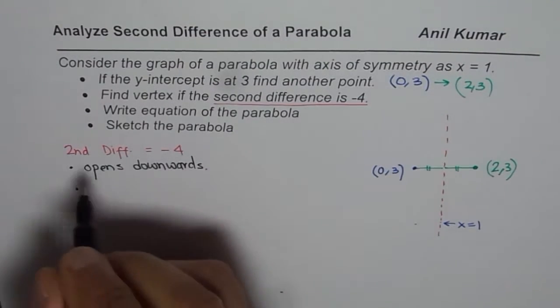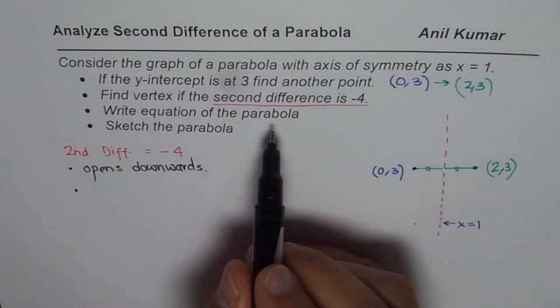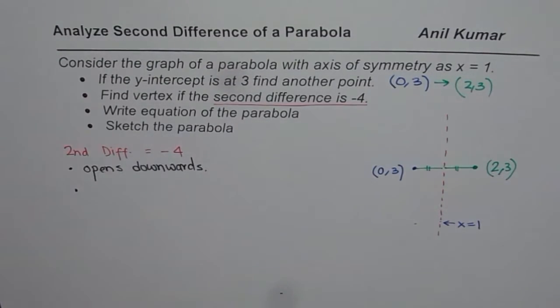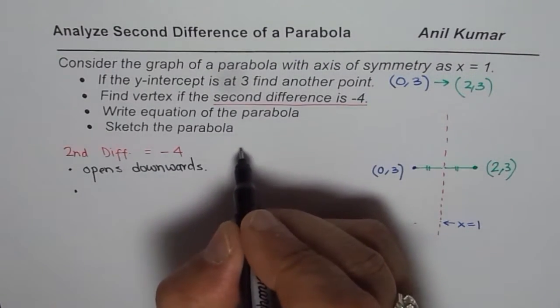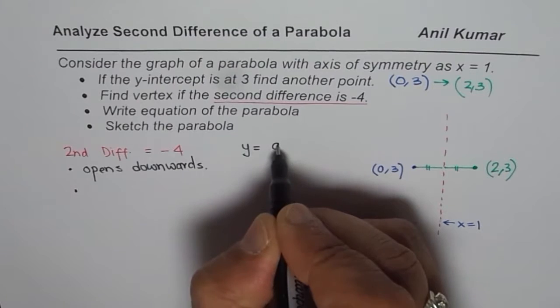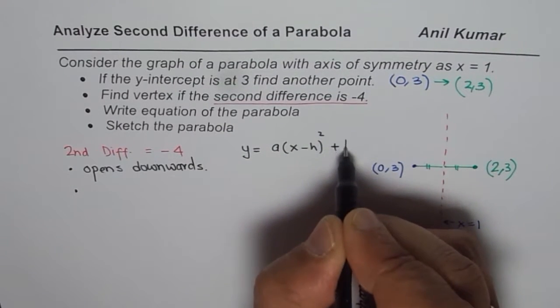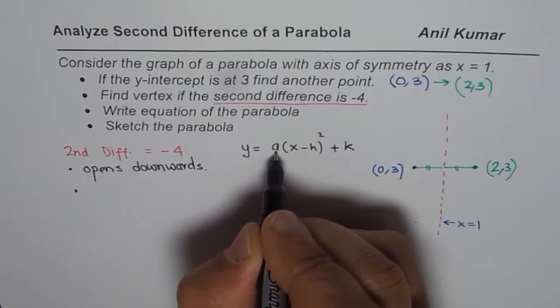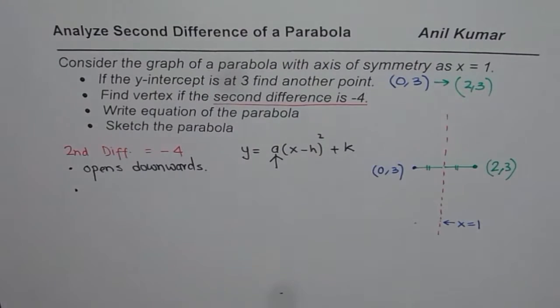It also means that the value of a, normally whenever we are taking the equation of a parabola, let us say we write a general equation of a parabola as y equals a times x minus h whole squared plus k, right? In that case, this value a can be found from the second difference.